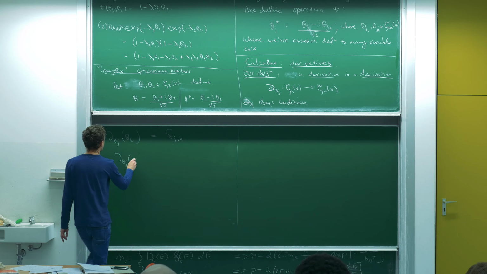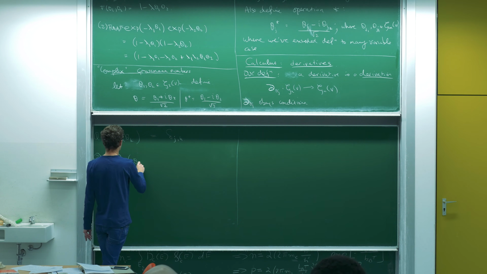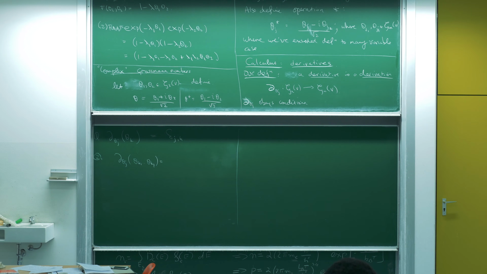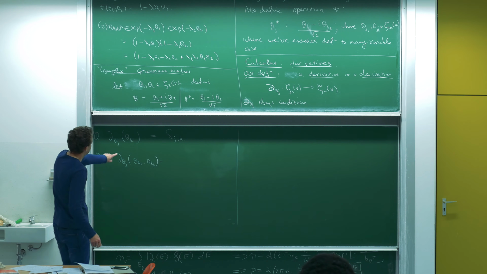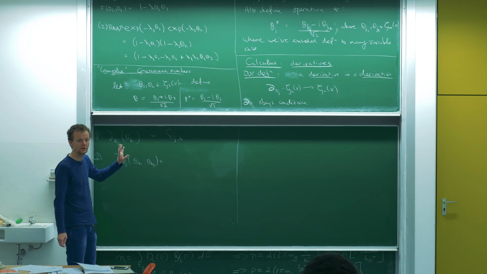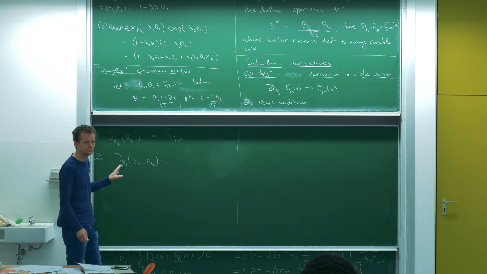Another one which is useful to have is something analogous to the product rule, or the Leibniz property of this derivative. Now here we already have to be a bit careful. We always have to be a bit careful when we have anti-commuting objects. So the first thing you might try actually fails.